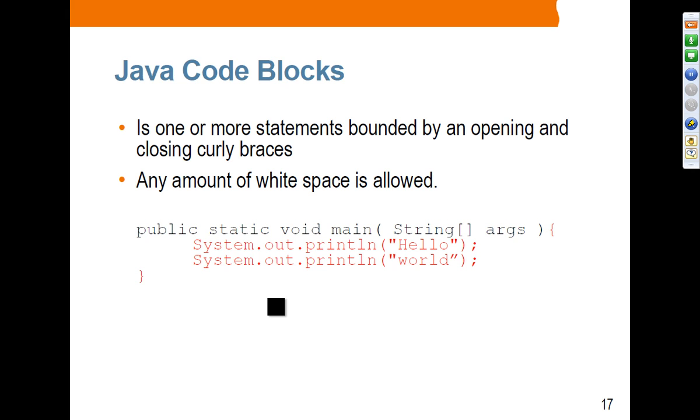The compiler will in fact remove these white spaces, and then it will create the bytecode or class file. So white spaces are simply ignored. In this case, this main method has two Java statements, the two println statements, and these two println statements construct a code block, in this case for the main method.